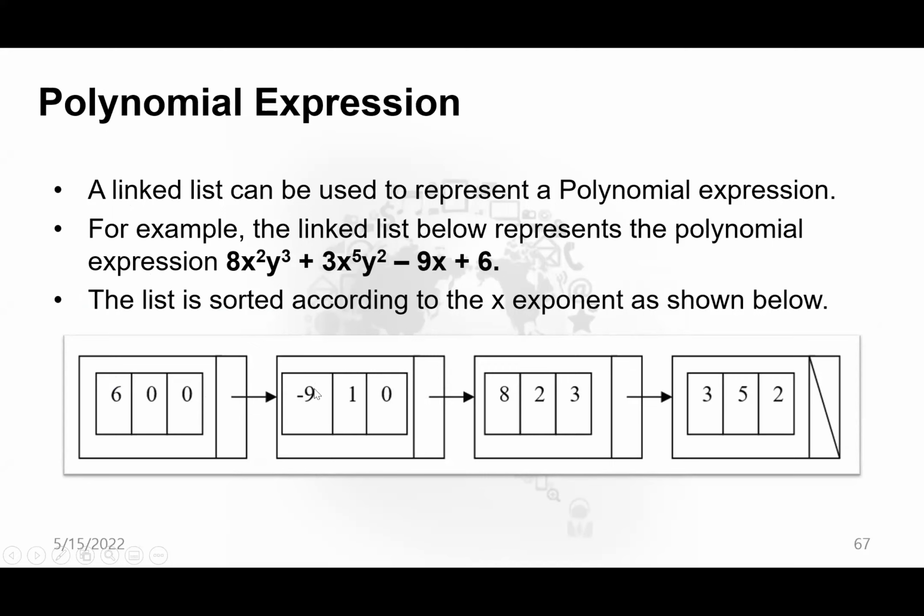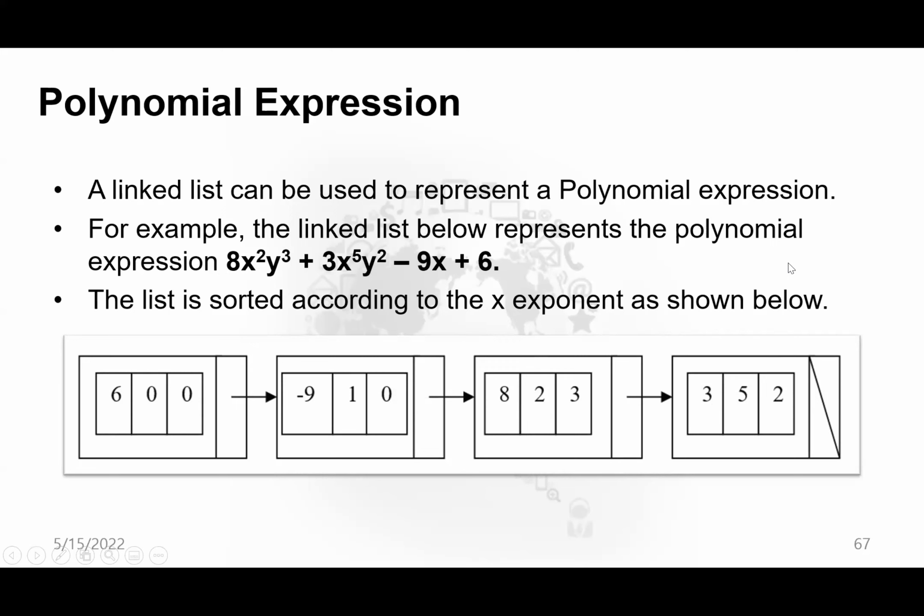And this minus 910 represents minus 9x, where the coefficient is minus 9, your x is power 1, but your y is power 0, that's why you don't have the y here. Then this 823 represents 8x power 2, y power 3. And 352 represents this 3x power 5 and y power 2.